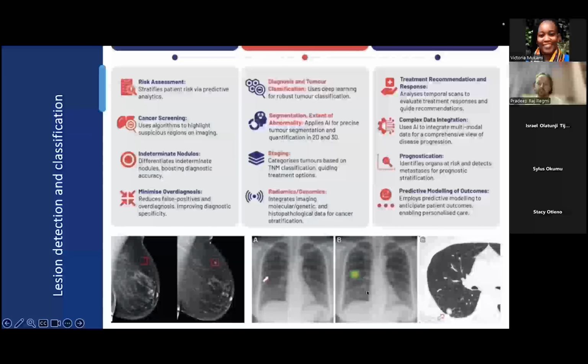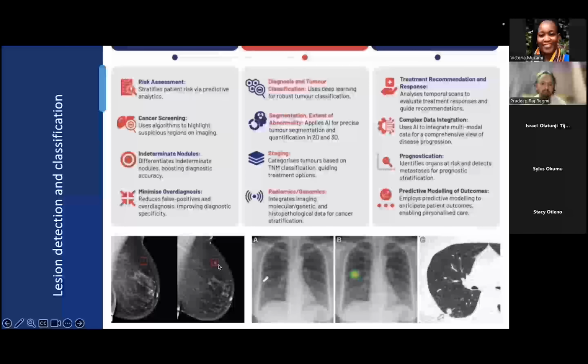nowadays we do in chest X-ray, like it is pointed by this colorful nodule, and this is the CT of the same patient which we see in this X-ray. The nodule is detected by AI, and then going for the CT chest, the nodule is on the posterior aspect of the chest.